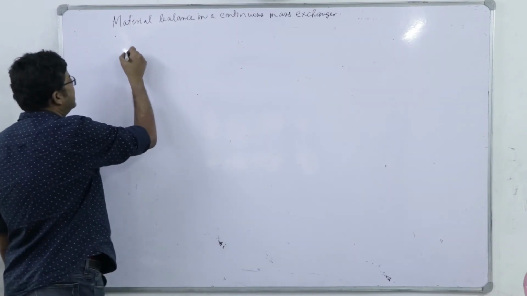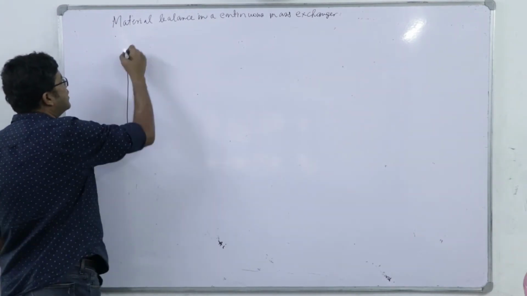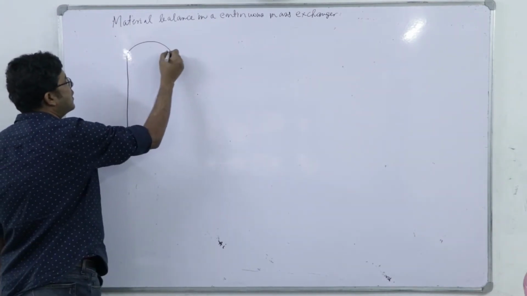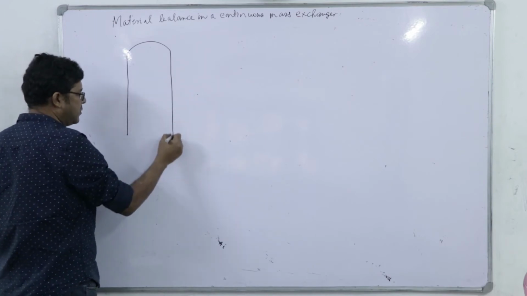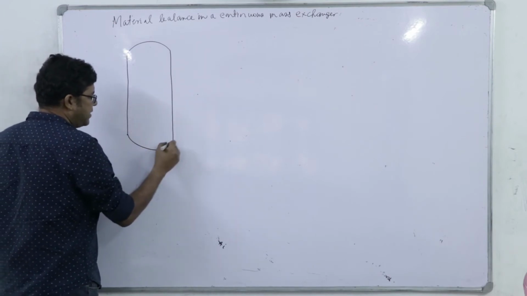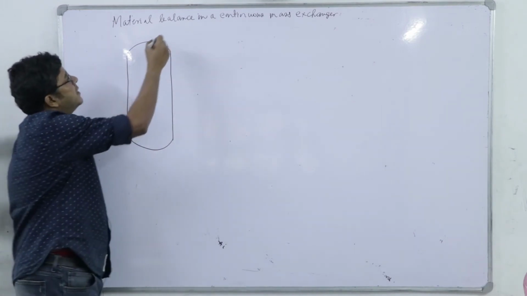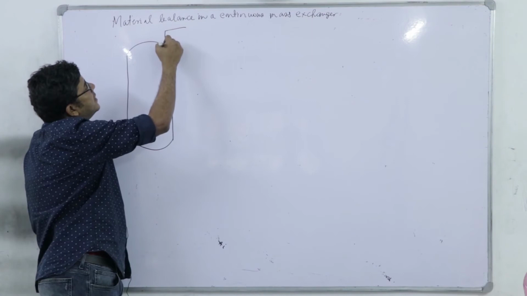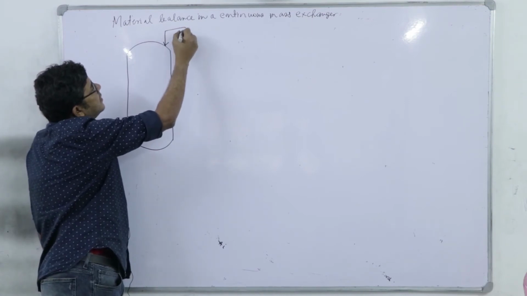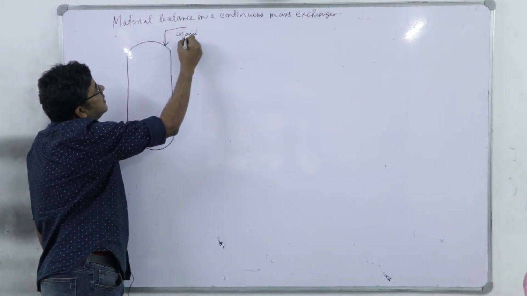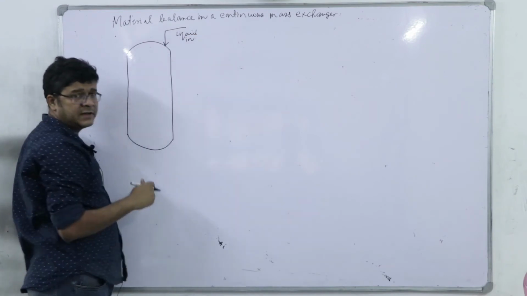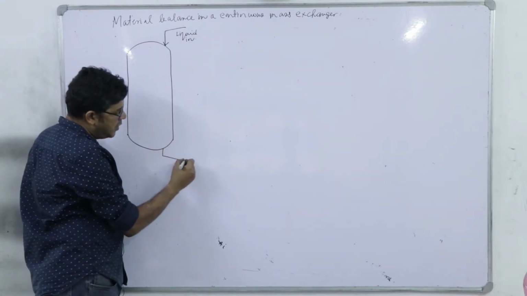Generally, we operate it in counter current mode. Sometimes we use cross current, but that we will not discuss right now. For standard operations, it is always counter current. Like the liquid in, liquid is heavier, so it must be delivered from the top and withdrawn from the bottom.